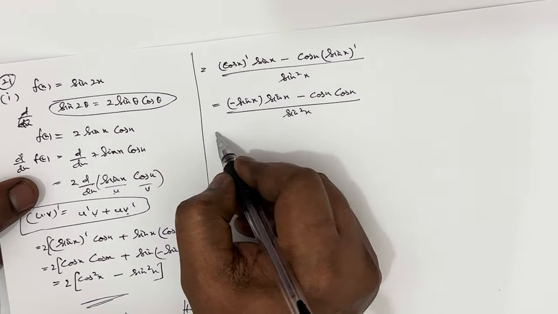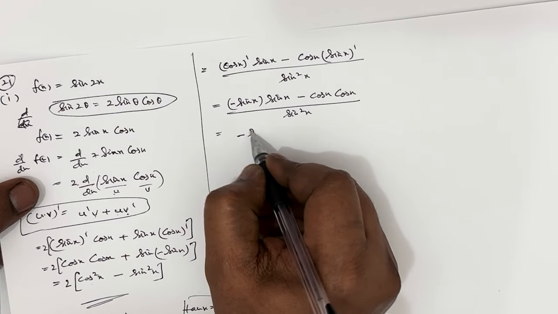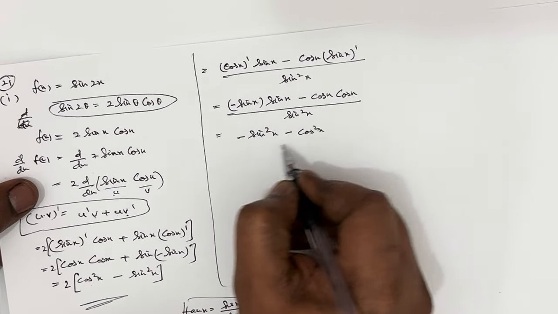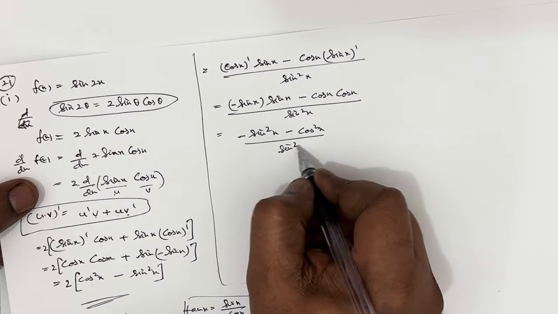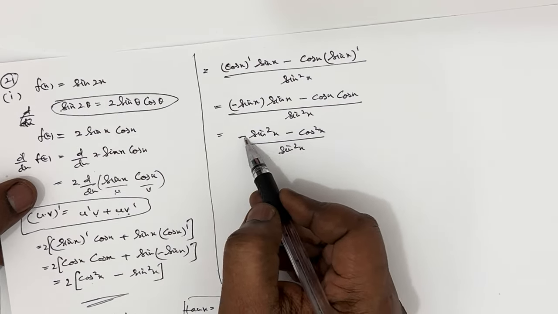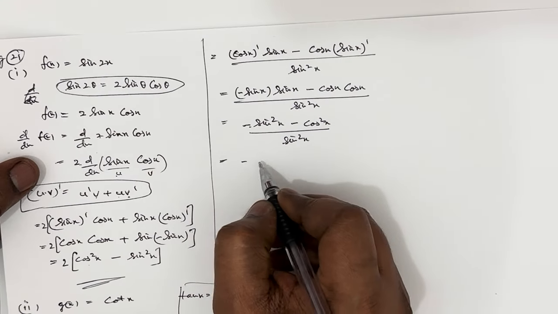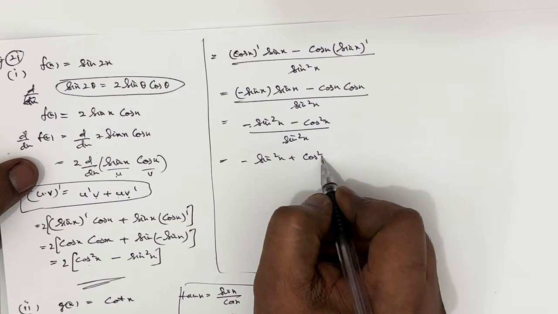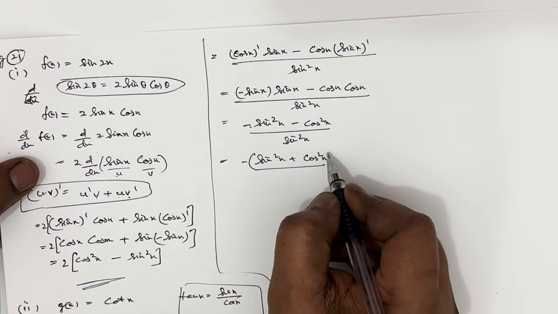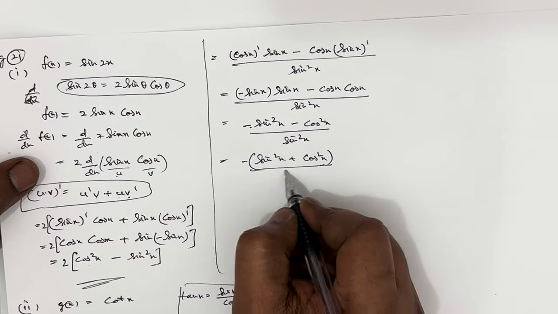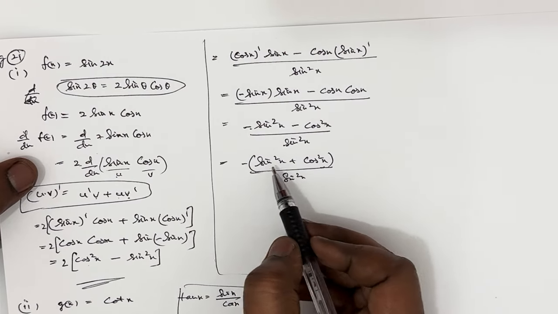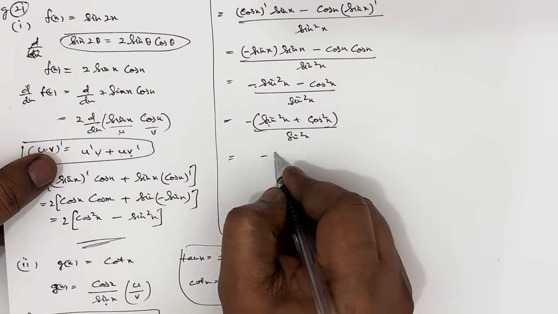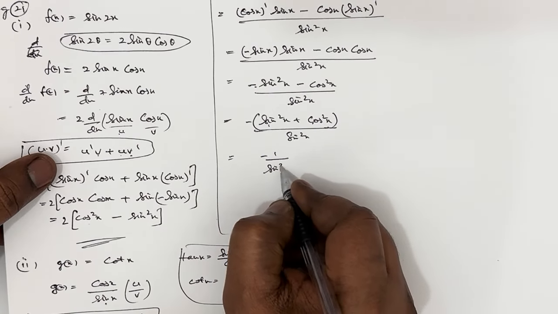So this will be minus sine square x minus cos square x upon sine square x. Now let's take the negative common, so we have minus sine square x plus cos square x upon sine square x. Now you know sine square x plus cos square x is 1, so this will be minus 1 upon sine square x.